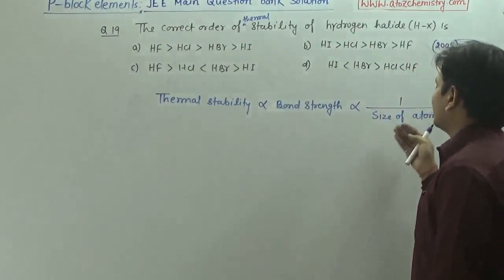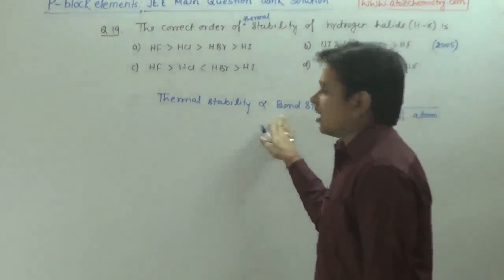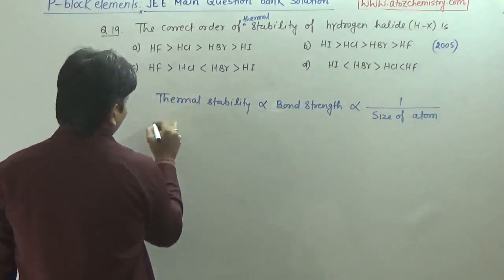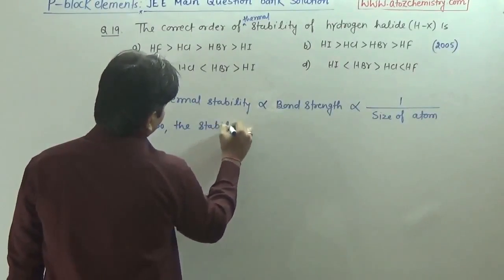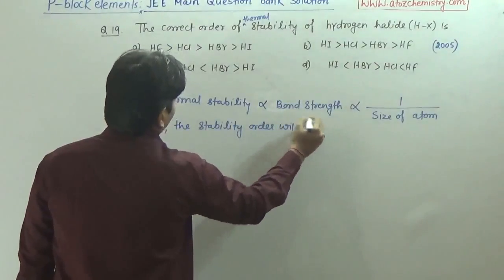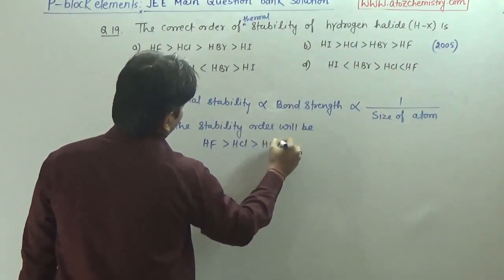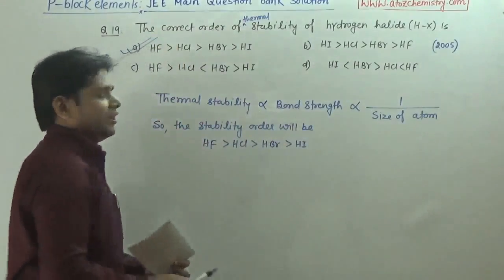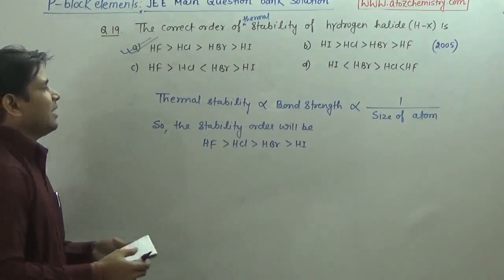So if size of atom is higher, bond strength will be lower, and if bond strength is lower, thermal stability will also be lower. So HI has minimum, so the stability order will be HF has highest, and then HCl, and then HBr, and then minimum bond strength is for HI. So A is the correct option, where you can see that HI has minimum bond strength, minimum stability, whereas HF has maximum bond stability.